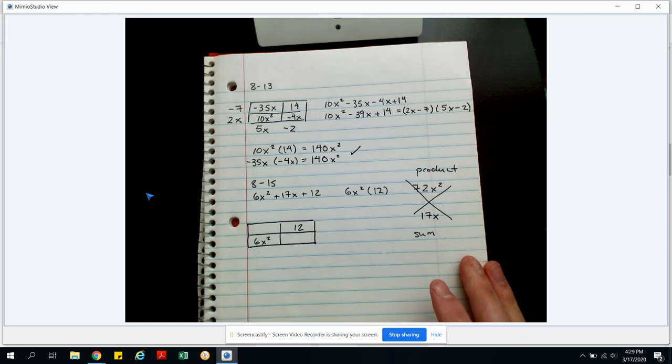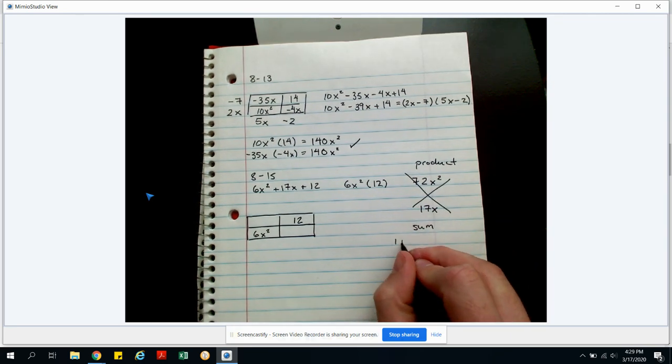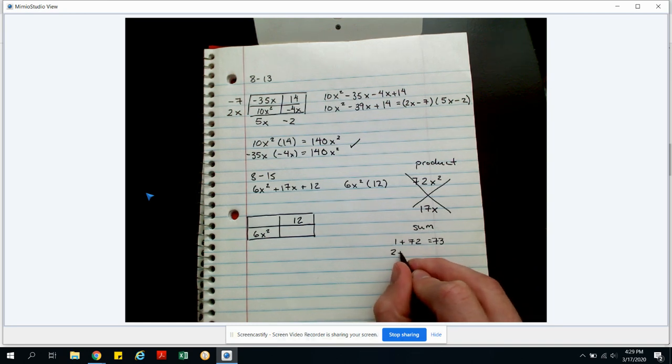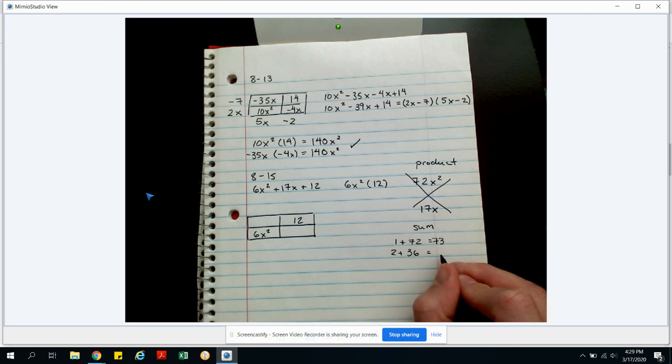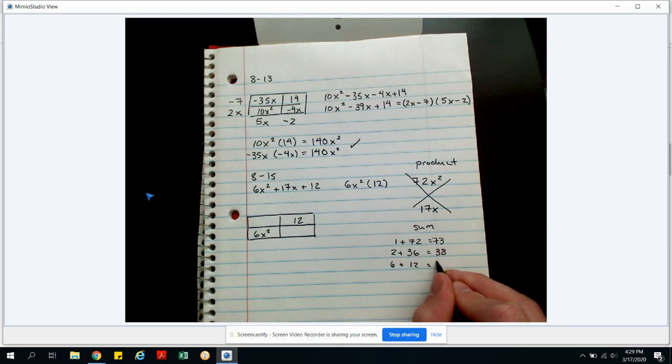So I can make a list of the factors. So 1 plus 72, well, that gives me 73. 2 plus 36, it's going to give me 38. Let's see here, how about 6 plus 12? That's going to give me 18. And what about 8 and 9?